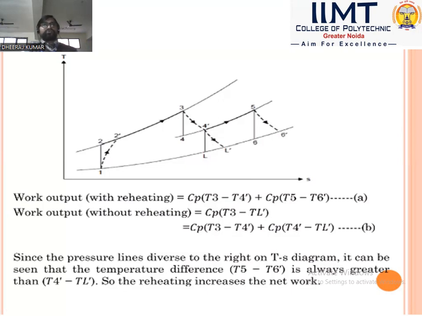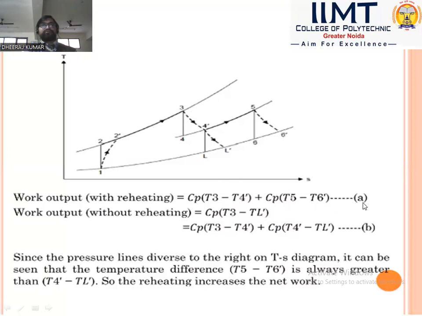So Cp (T3 minus TL dash). This is the combination of this and this: Cp (T3 minus T4 dash) plus Cp (T4 dash minus TL dash).